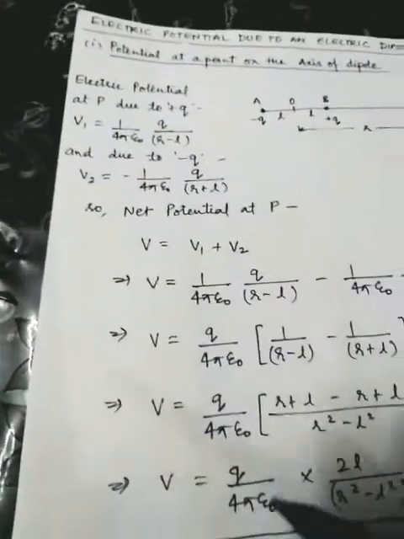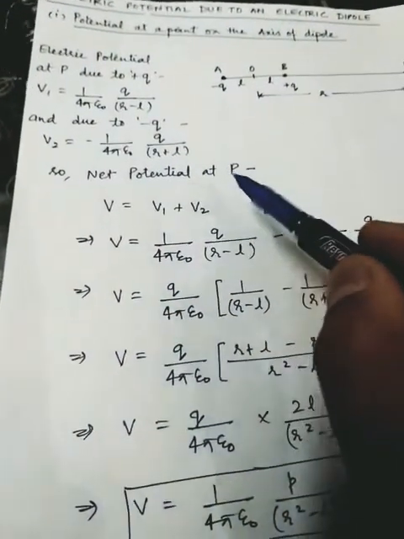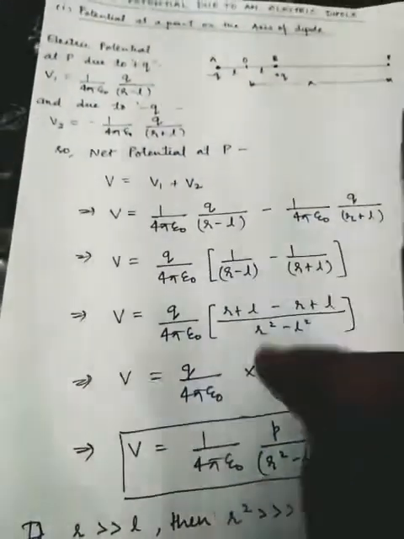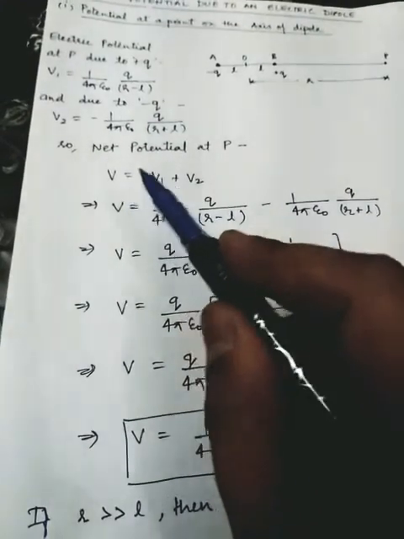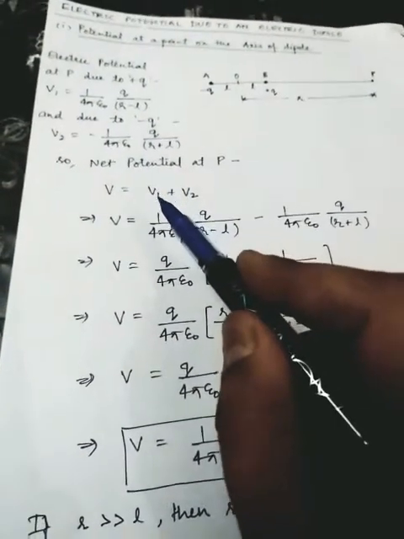Similarly, the net potential at point P will be the sum of V1 and V2. So V is equal to V1 plus V2.